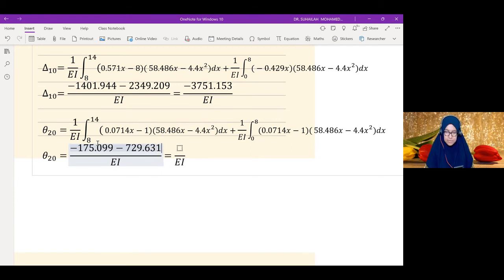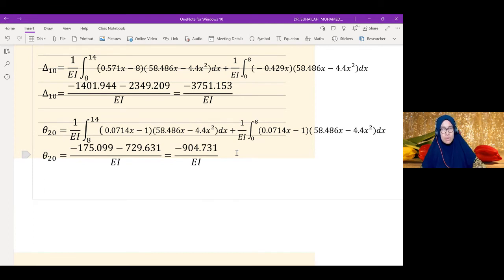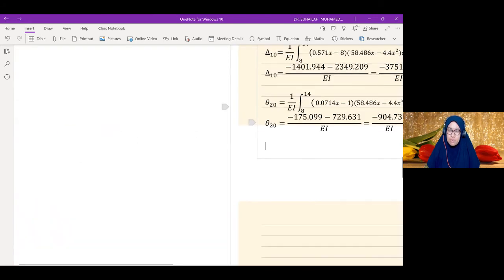So 175.099, we get negative 904.731. So we just need to continue to calculate F11, F12, F21, and F22 to get all displacements, and then we need to substitute into the compatibility equation to solve for the redundant.